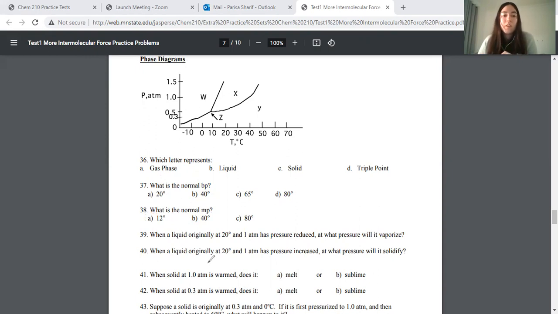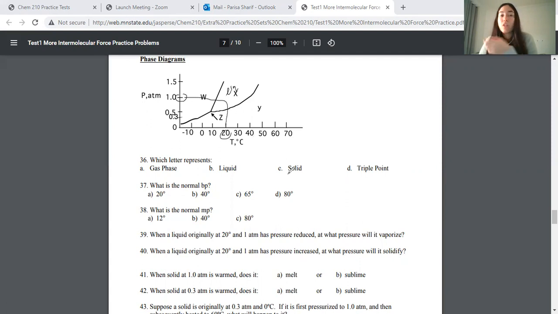When a liquid originally at 20 degrees Celsius and 1 atm has its pressure reduced, at what pressure will it vaporize? So let's find 20 degrees, and 1 atm. In this state, it is a liquid indeed, as the question mentioned.